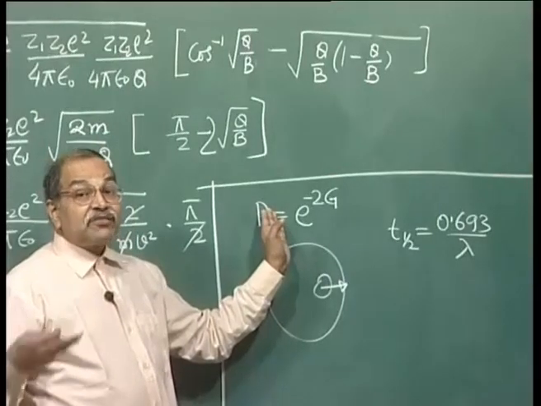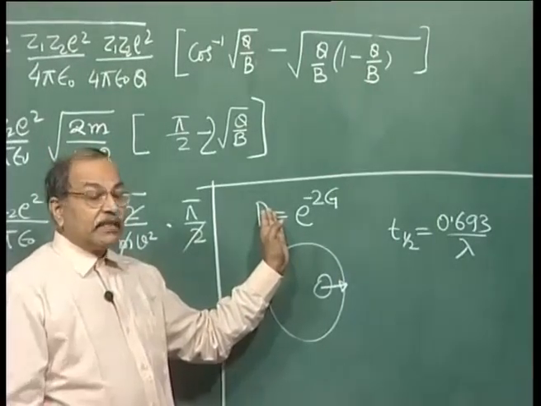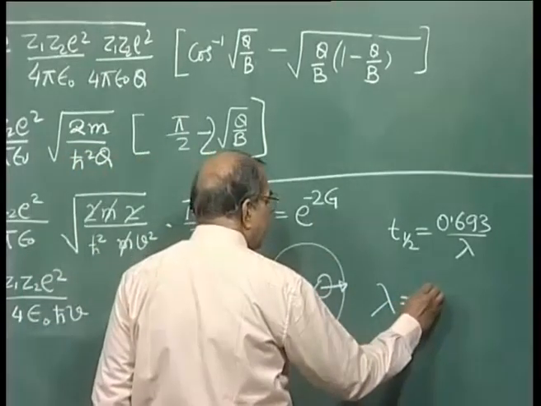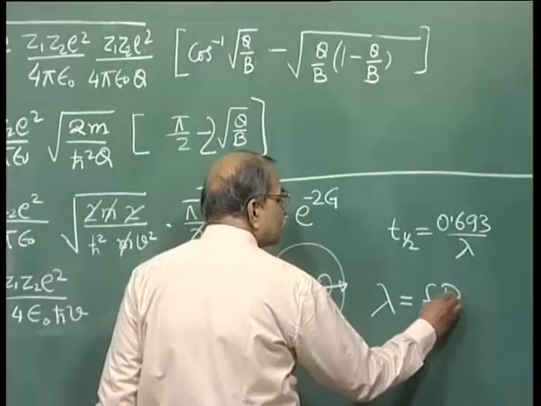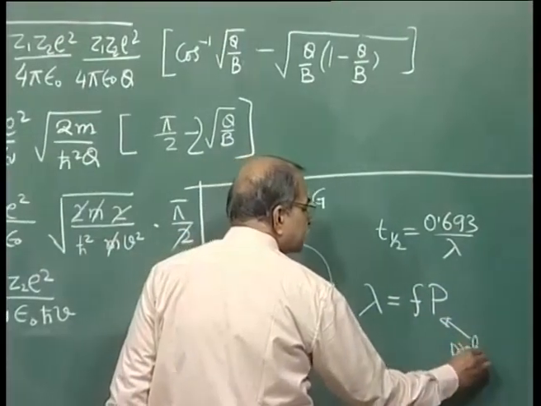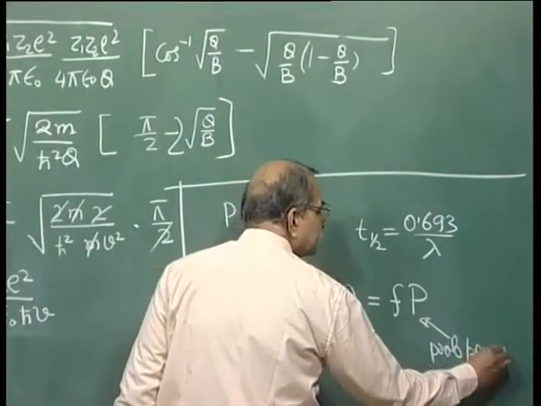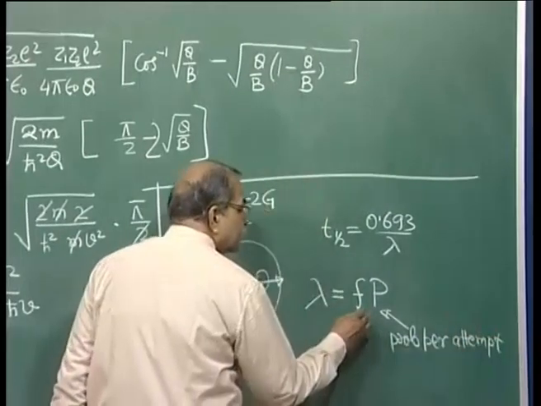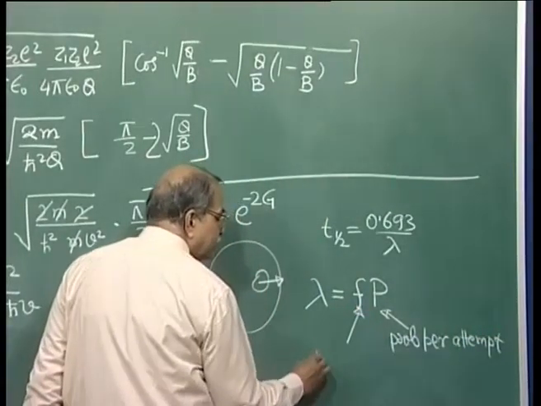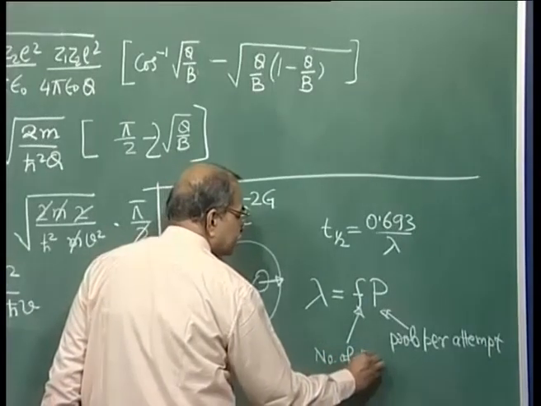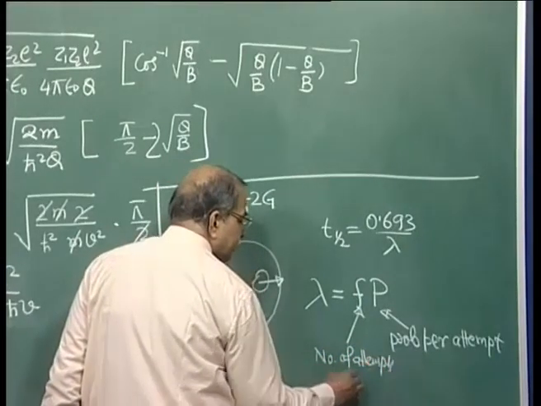So, per unit time what is the probability, and that is lambda. So, lambda is f into p. P is the probability per attempt, and this f is the number of attempts per unit time.